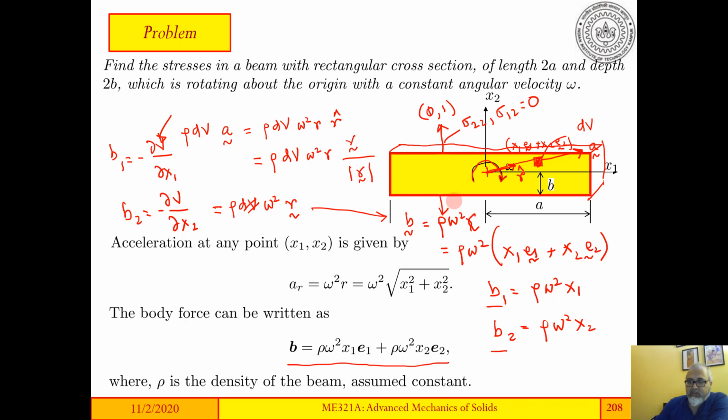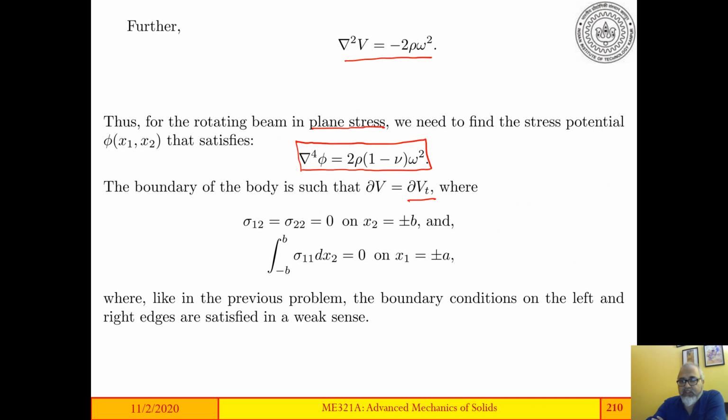Here it is 0, minus 1. This is a traction free surface, this is also a traction free surface, so you will reach sigma 22 equal to sigma 12 equal to 0. You will reach the same conclusion on the top and the bottom, and that's what we have done. On the top and the bottom, sigma 12 and sigma 22 both are equal to 0 at x2 equal to plus minus b.